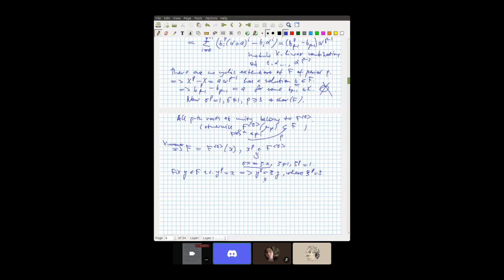But if you raise this to the pth power, then you get x to sigma equals psi to the p times y to the p, times x. And if you look here, you get that psi to the p is zeta. Okay, so psi is also a root of unity.